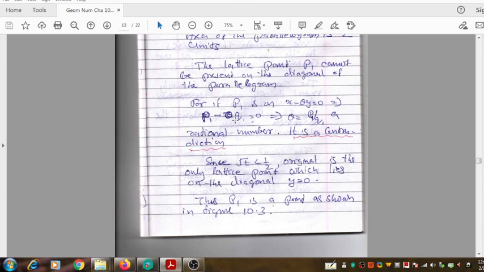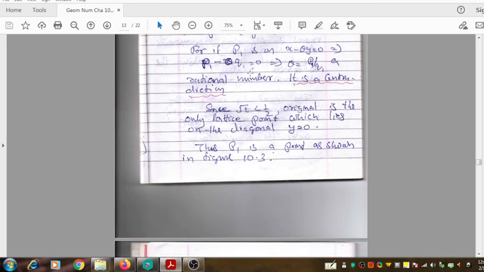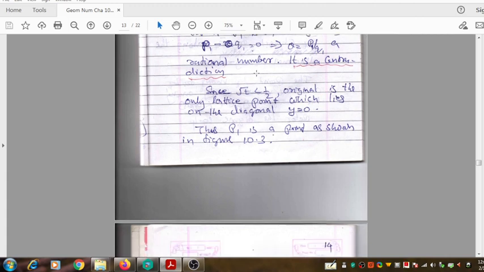When the lattice point is on the x-axis, the y-coordinate value becomes 0. As a result, we cannot take the fraction P by Q. So for this reason, we avoid that case also, as it will undermine the whole purpose of this result.